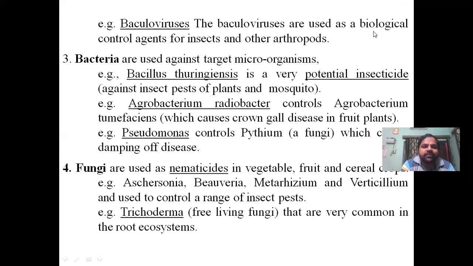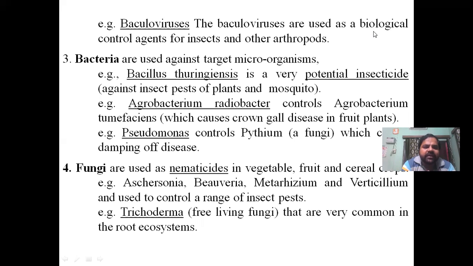The third is bacteria. Bacteria are also used as biocides which target microorganisms. The first example is Bacillus thuringiensis, which is a very potential insecticide against insect pests of plants and mosquitoes.